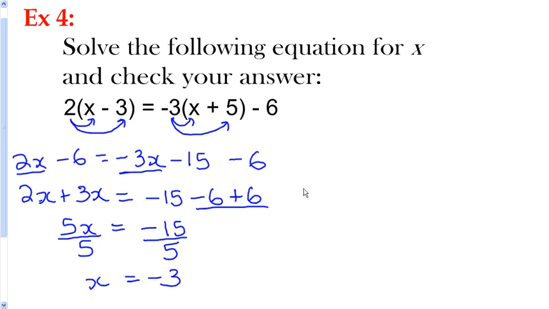Now, to check my answer, let me use a different color marker. Ooh, it's being a little bit slow. Oh, I didn't want to do that. Sorry. The Mobi is a little bit slow today.